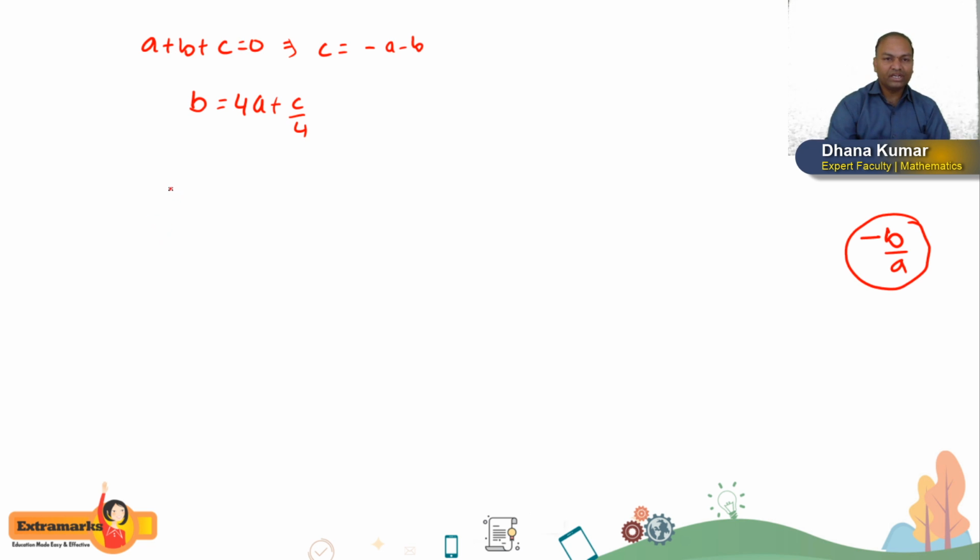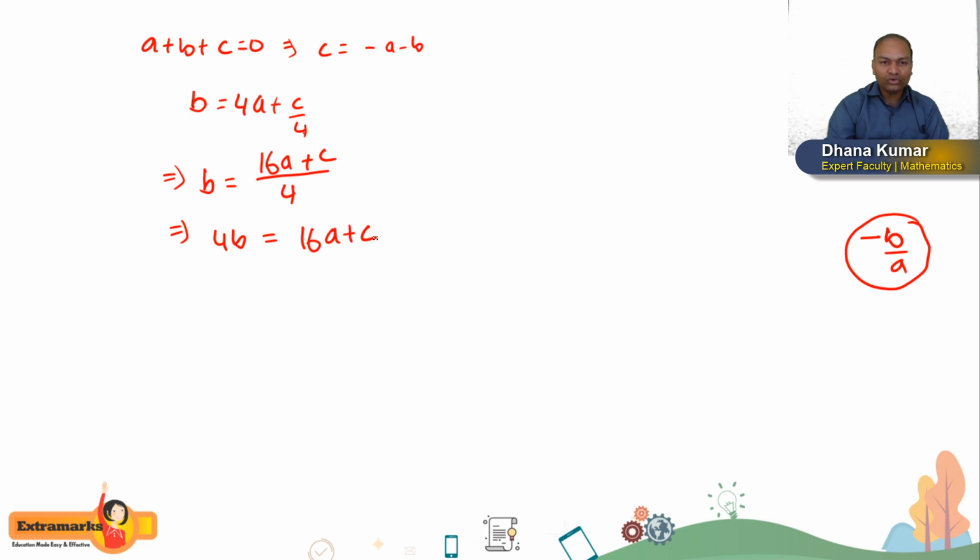Simple thing. See here. First of all, simplification. LCM 4. 4 4s are 16. 16a plus c, cross multiplication. 4b is equal to 16a plus c. Correct? Now eliminate c.